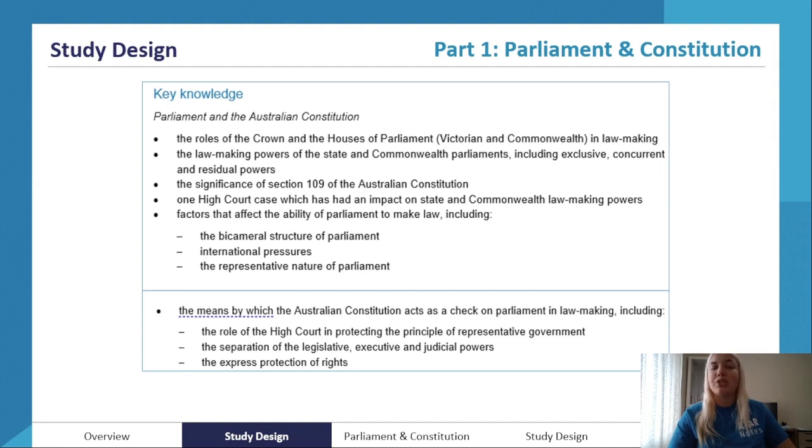One High Court case which has had an impact on state and Commonwealth lawmaking powers. What that basically means is a High Court interpretation where both the state and Commonwealth were parties in that actual case. You need to be able to discuss a case, basically explaining whether the state or the Commonwealth lawmaking powers expanded or reduced.